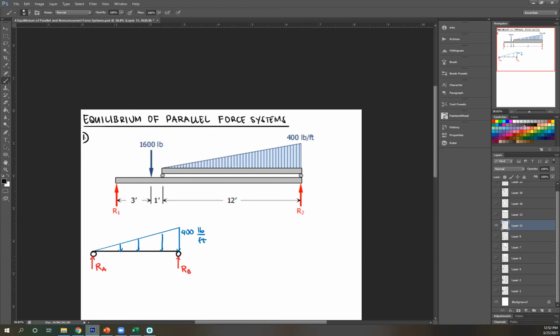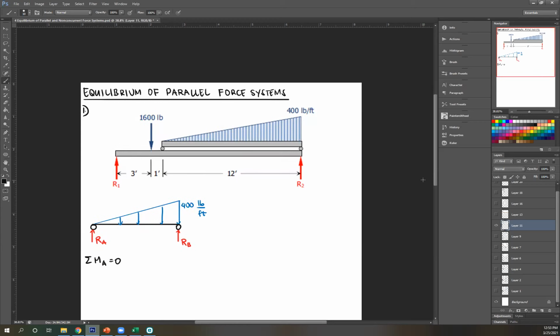Okay, so to solve for this, first step is moment. Summation of moment. Then you're going to choose, usually, your points at the reaction. So either at A or B. Let's say I want to take it at A. Summation of moment A equals 0. Okay. So moment A, RA is at A. So therefore, that cancels out.